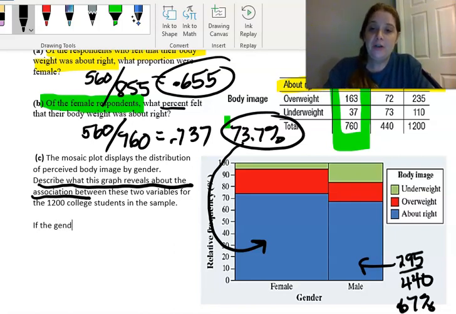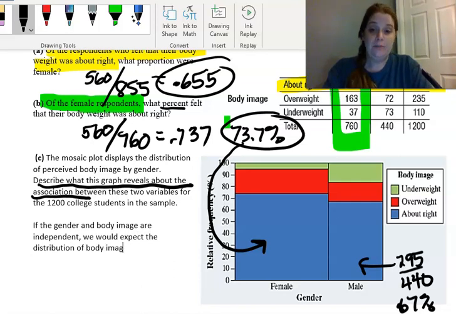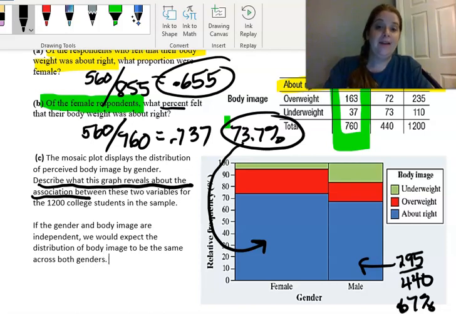If gender and body image are independent, we would expect the distribution of body image to be the same across both genders. Okay, it is not. The distribution is not the same.